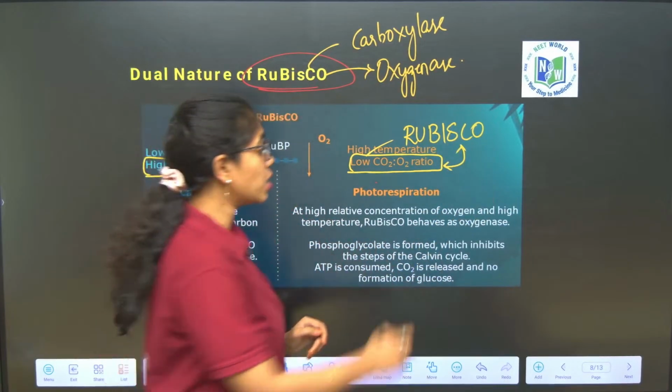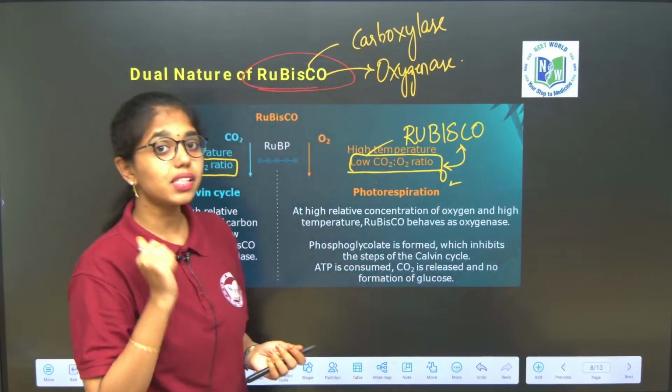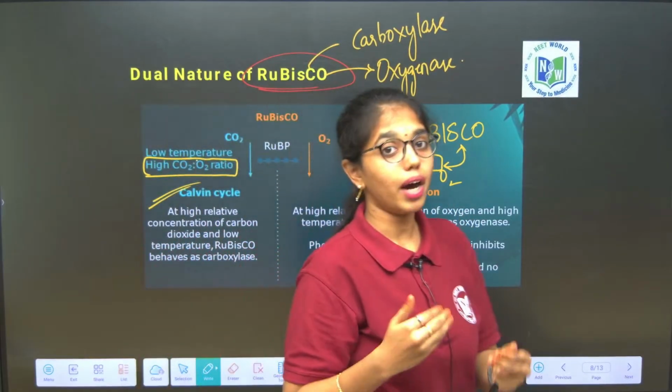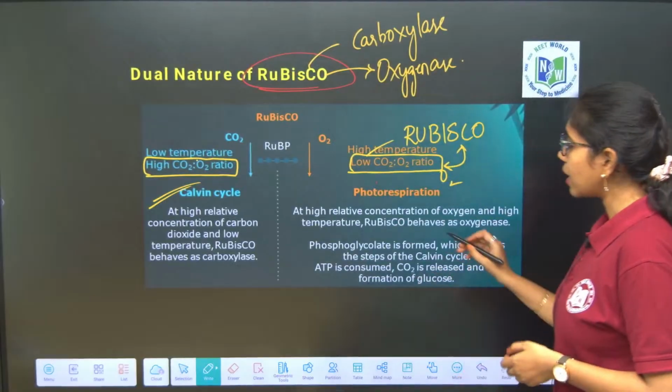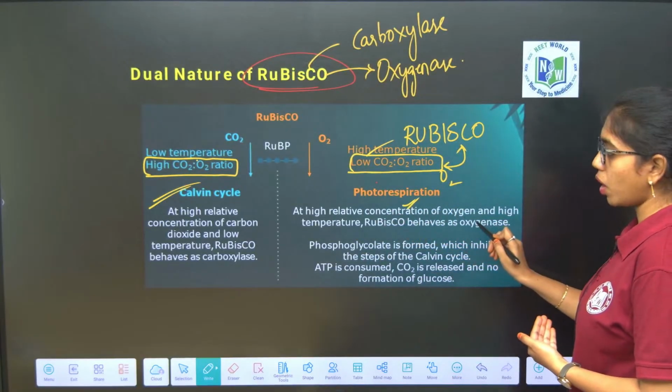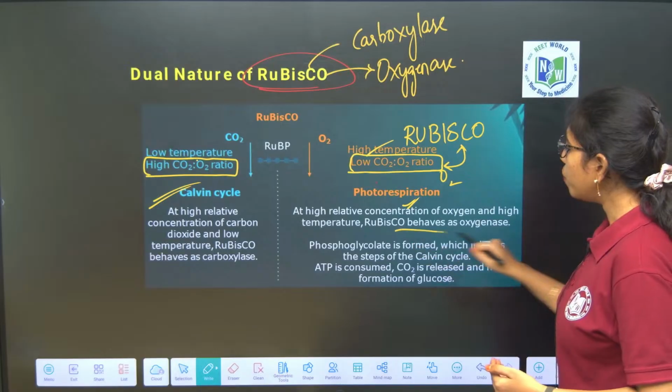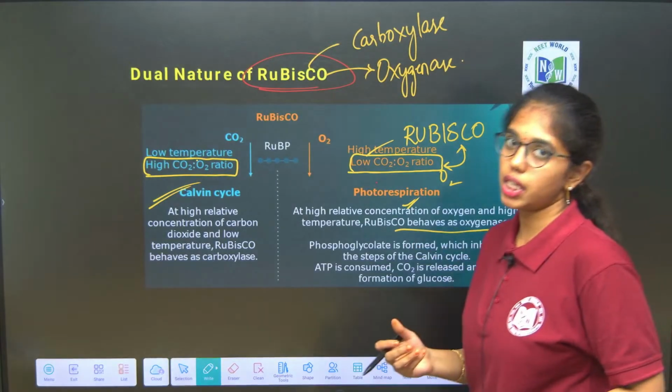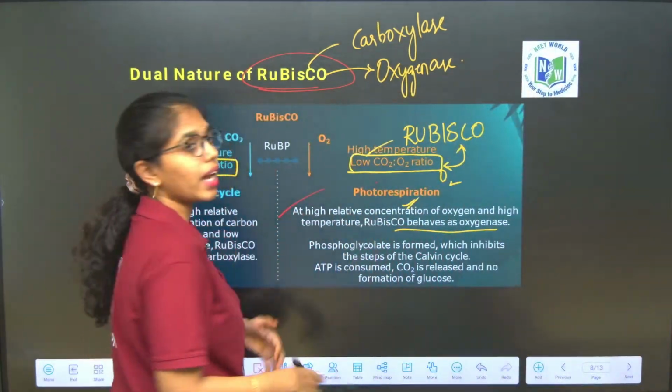Oxygen. This binds with oxygen and starts photorespiration or the C2 cycle. So at high relative concentration of oxygen and high temperature, Rubisco behaves as what? Oxygenase. Based on the atmosphere, its behavior changes.